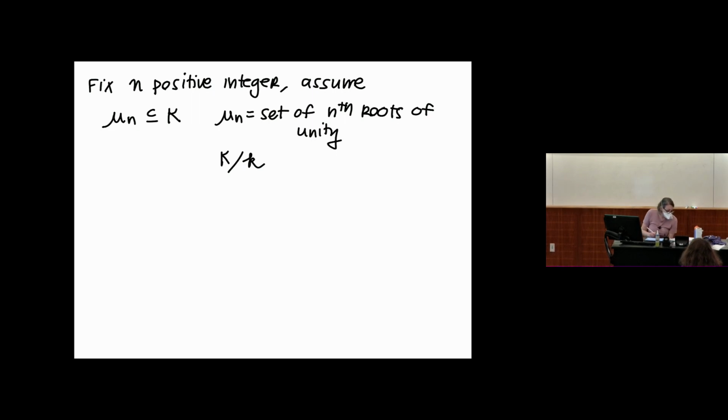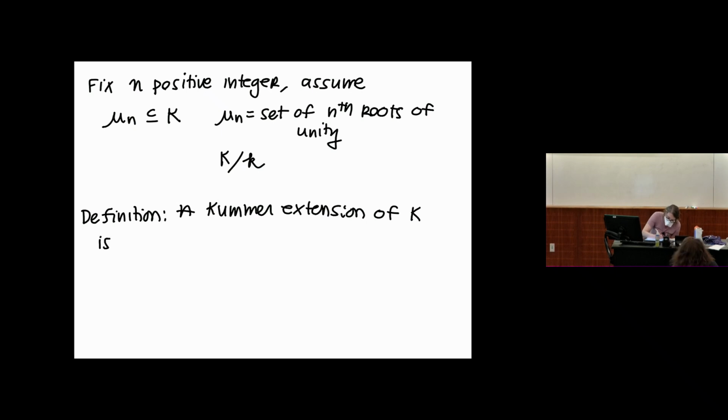Okay, and what is a Kummer extension? A Kummer extension of K, and here by an extension I mean a field extension, is of the form K, and I adjoin the set of all nth roots of some subset of K cross.